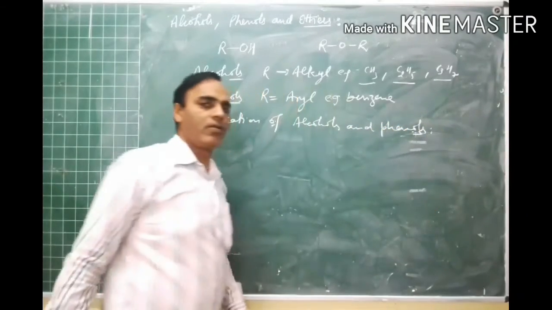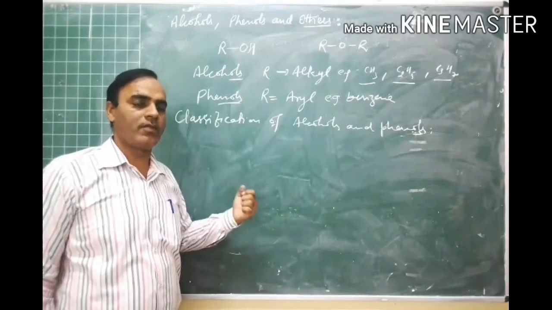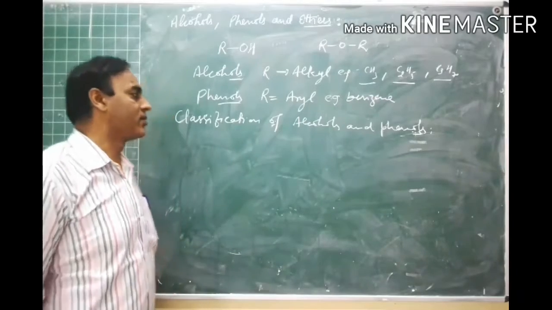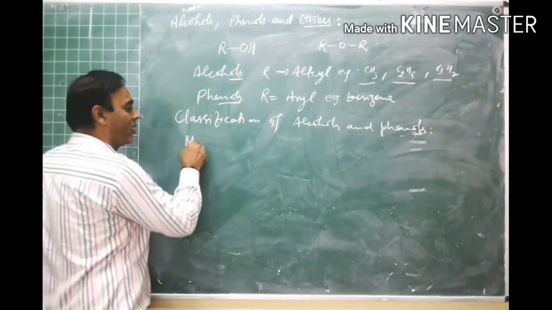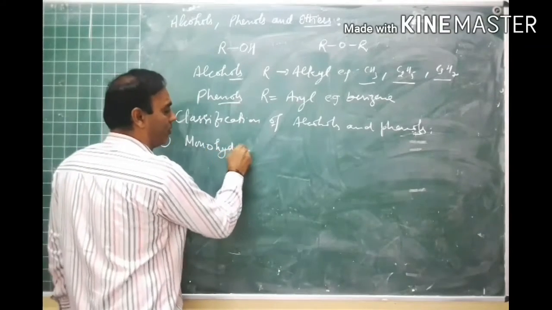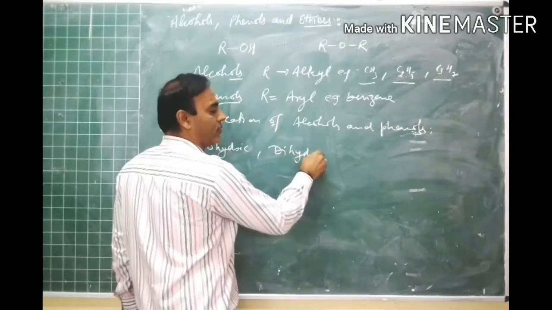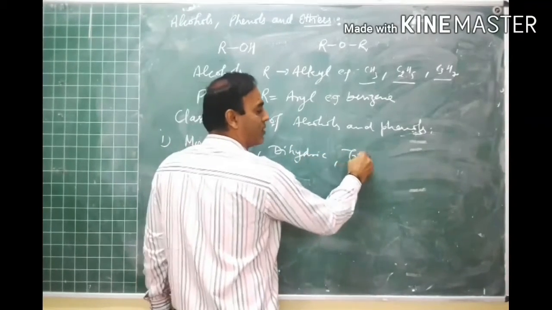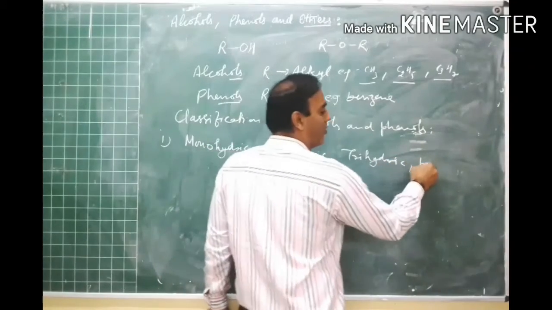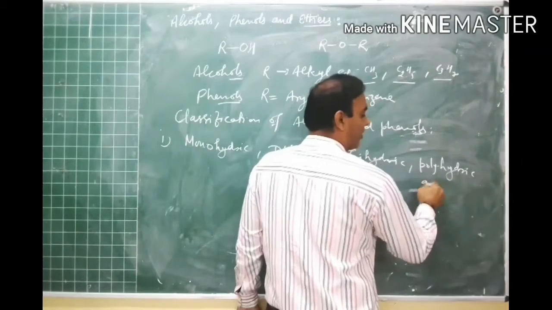Right? So on the basis of the number of OH groups attached to carbon atoms, the alcohols and phenols have been classified. For example, monohydric alcohols, dihydric alcohols, trihydric alcohols, polyhydric alcohols, right?